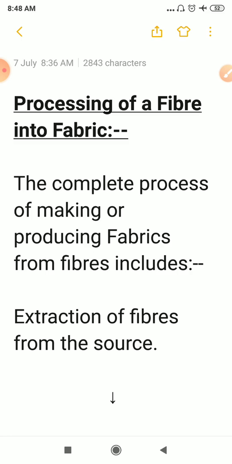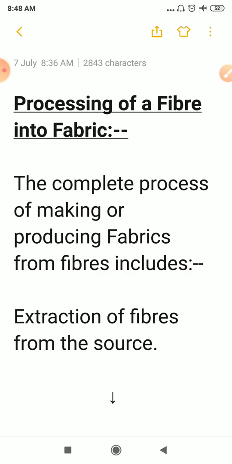From where do you get these clothes? Sometimes you buy them directly from a shop, or sometimes you buy fabrics from the shop and you go to some tailor, and that tailor takes your measurements and cuts those fabrics and makes them into clothes.